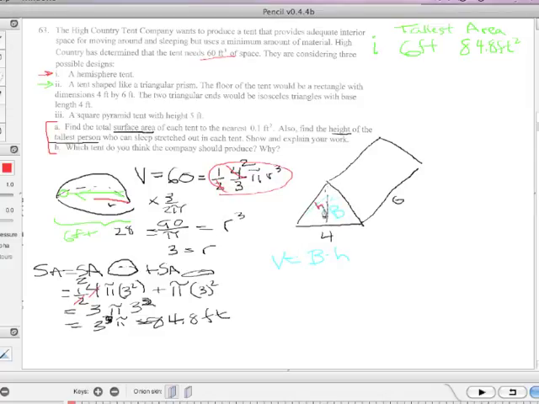Let me put that H there. Oh, and I realize let's call it D instead, because I don't want to confuse the H's. So we're going to call this distance from here to here D.